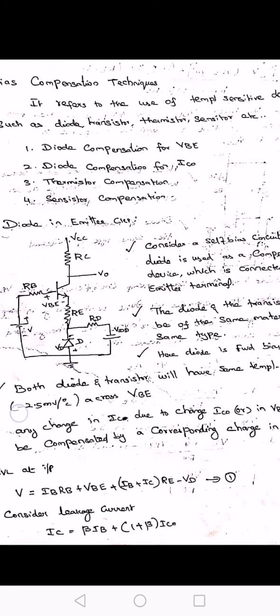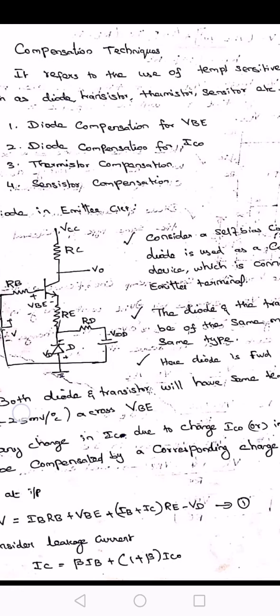Here IE is nothing but base current plus collector current. So consider the leakage current. Already we know the collector current IC is equal to beta IB plus (1 plus beta) ICO.